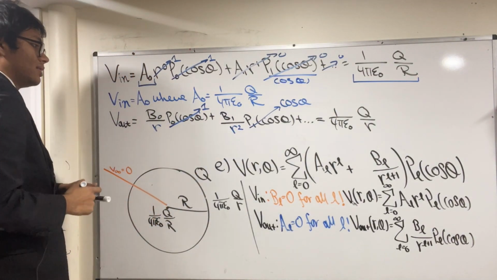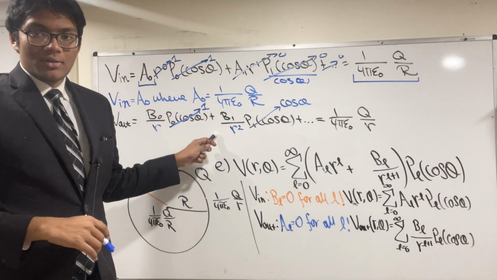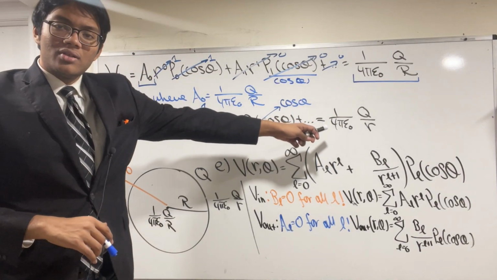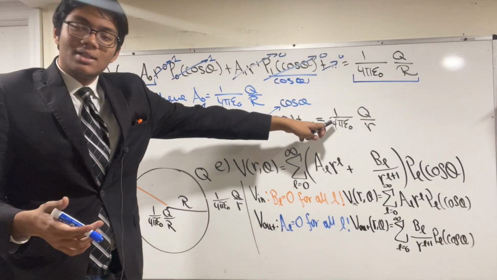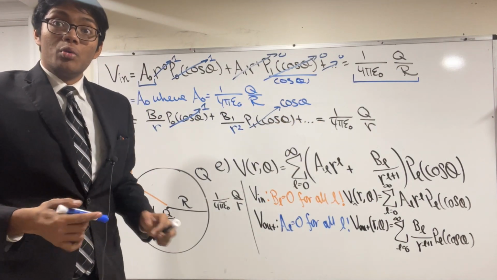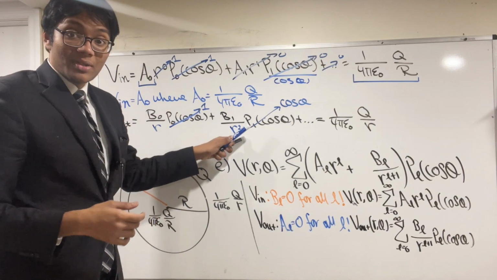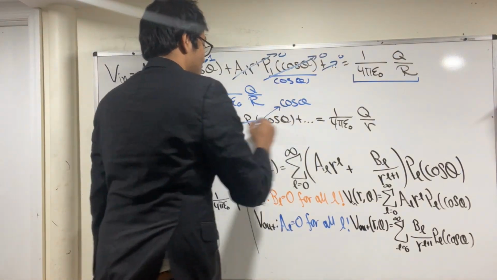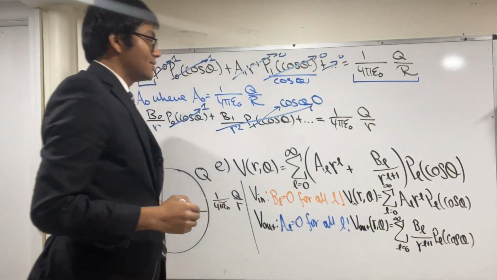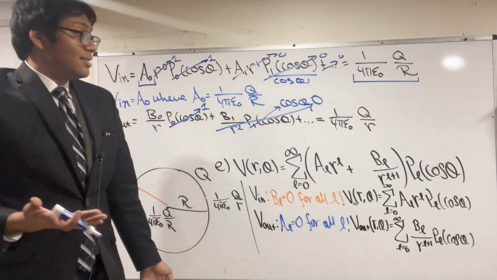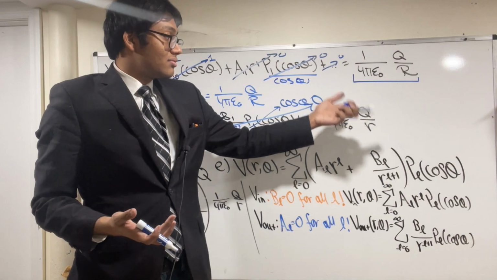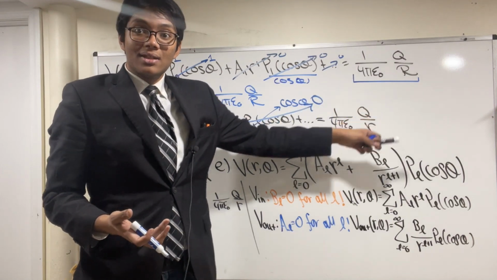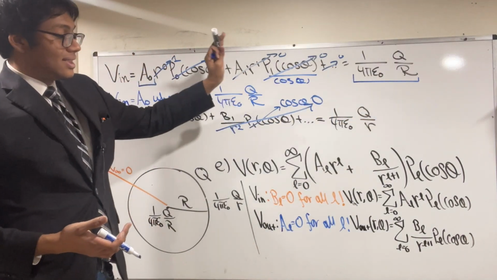Now, is there any 1 over R squared over here? Do you observe any cosine theta or higher order terms in our desired potential? No. And no means they must go. All of these must die, because all we need is a first order inverse R term, and we don't need any cosine terms, for God's sake. So all of these just go.